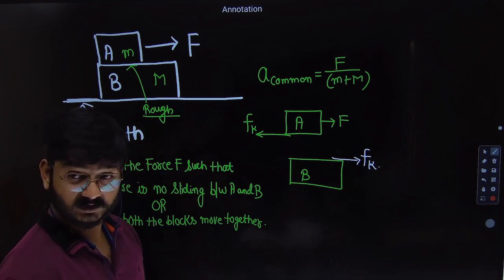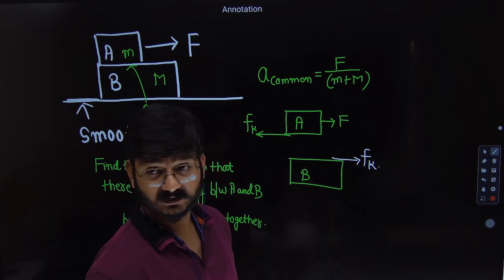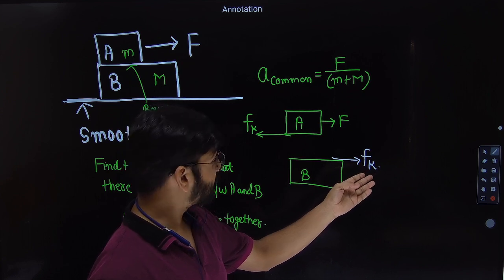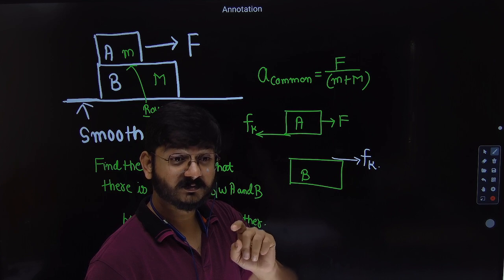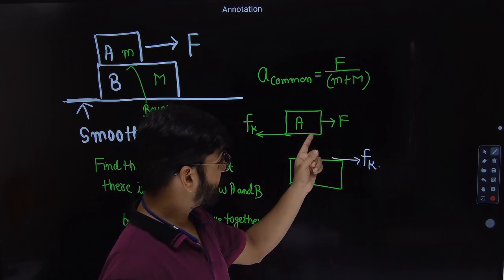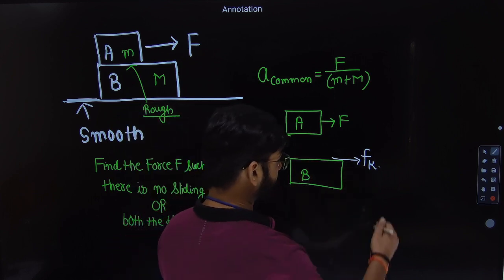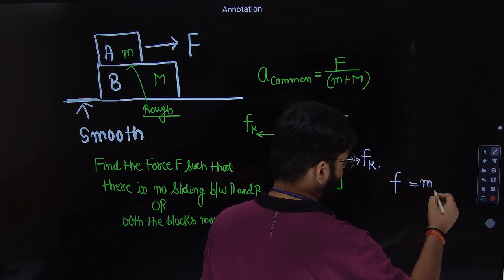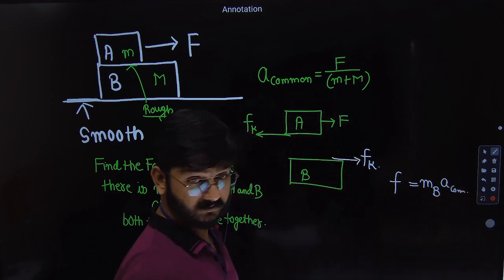Okay, any problem? Clear? Now, tell me which force is responsible for moving this one. Take friction. You may say, sir, yesterday I told, in a free body diagram we always consider the force which is directly acting on the object. F is not directly on B. If you see the free body diagram, which force is responsible for the movement of B? Friction. So can I say that this friction will be equal to the mass of B into the common acceleration? Any problem?